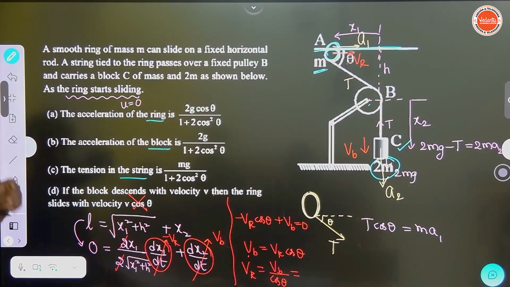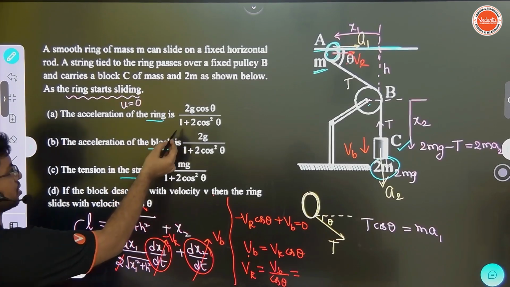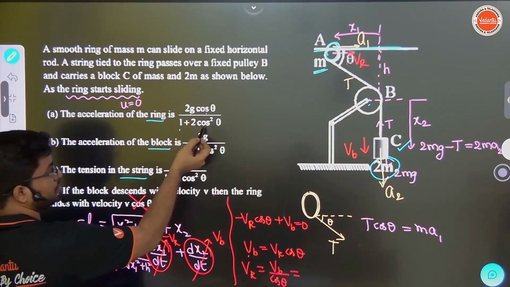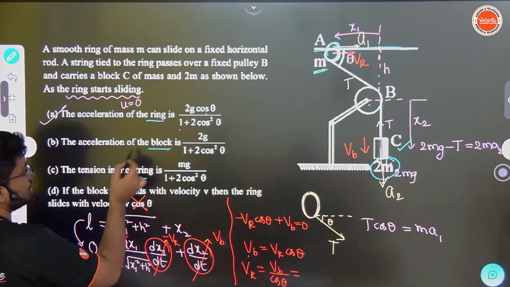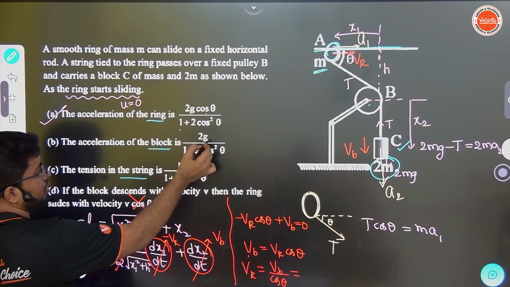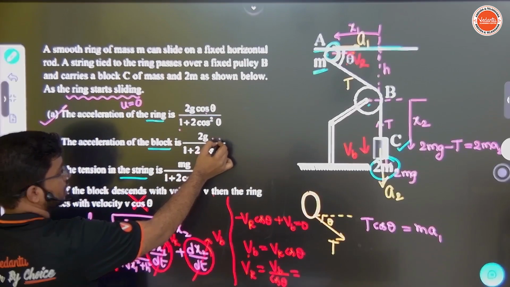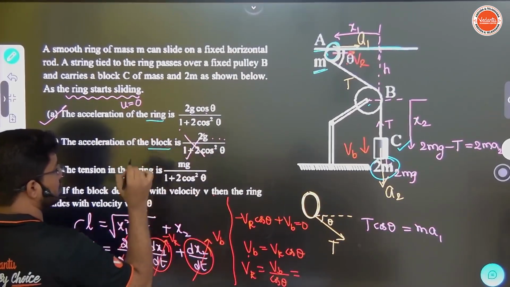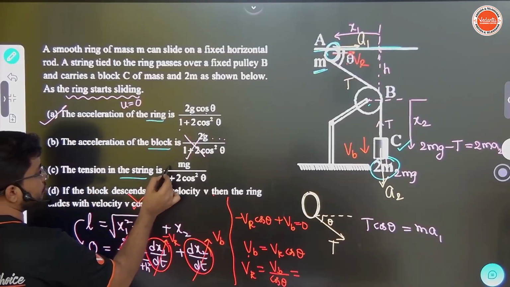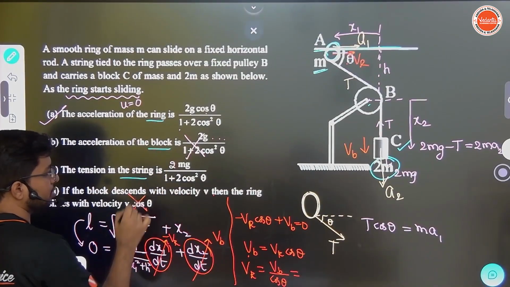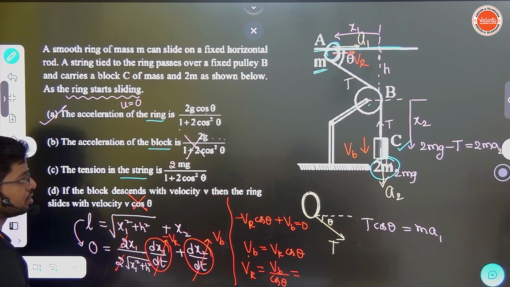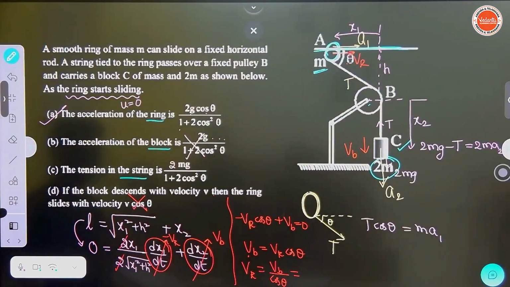For the ring, this is correct: 2g cos theta by 1 plus 2 cos square theta, right? Then for the block, it should be 2 cos square theta in the denominator, so this is incorrect. Then tension, this is also incorrect. You should have 2mg here. Correct, right? Yeah, 2mg. So the only correct option is option A.